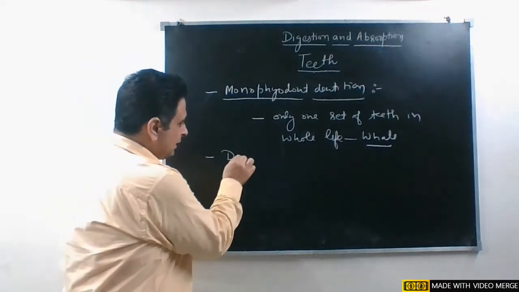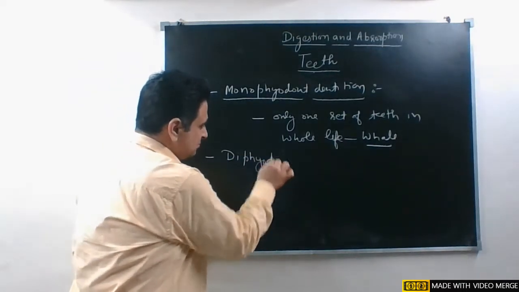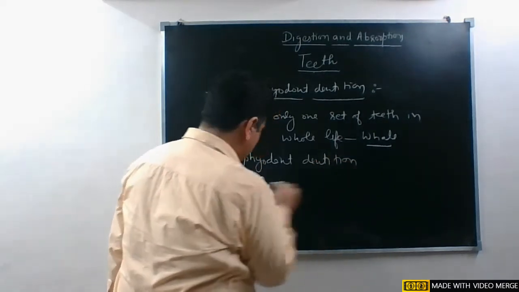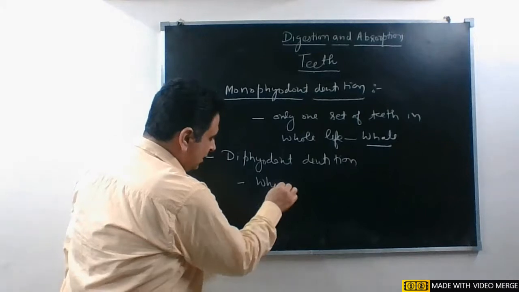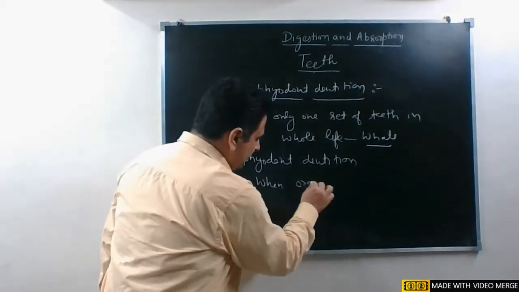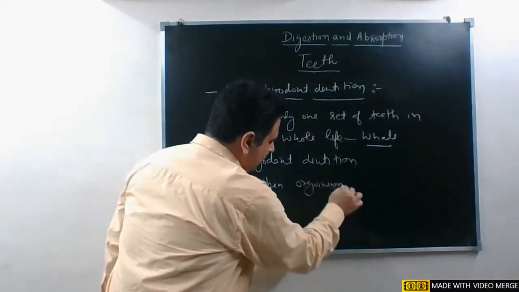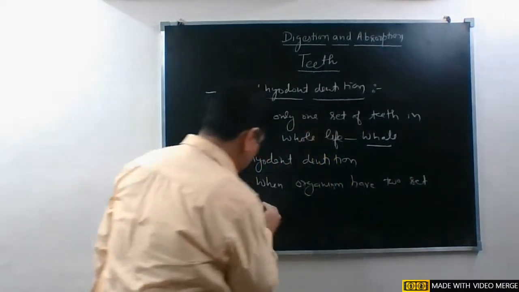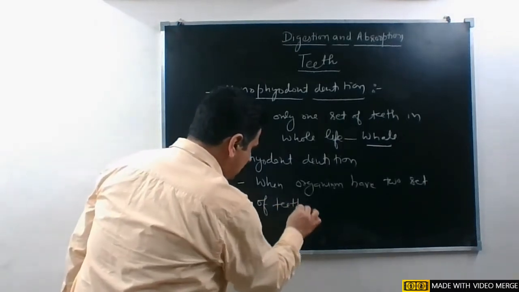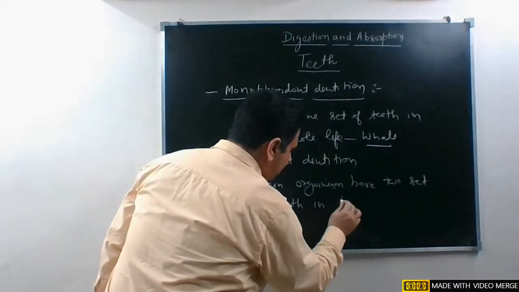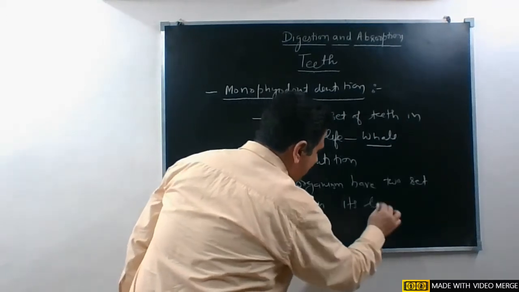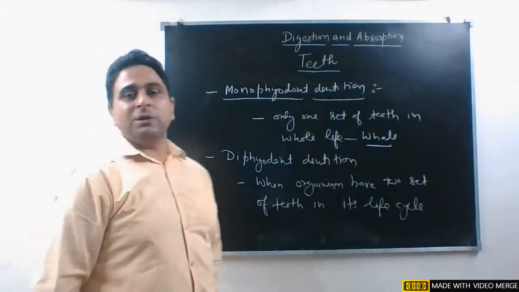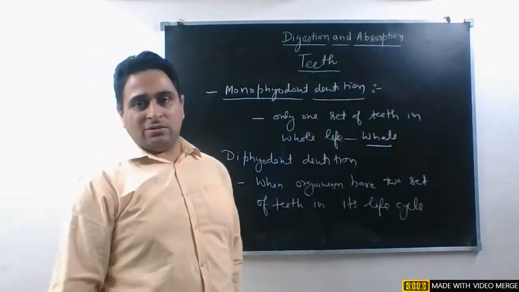Next, students, diphyodont dentition. Diphyodont dentition means when an organism has 2 sets of teeth in its life cycle. For example, in human beings, we have 2 sets of teeth.